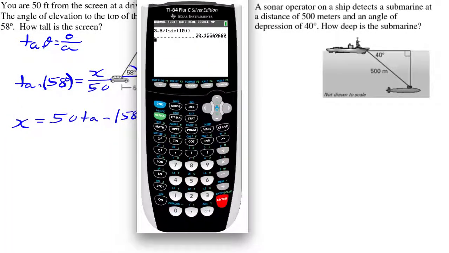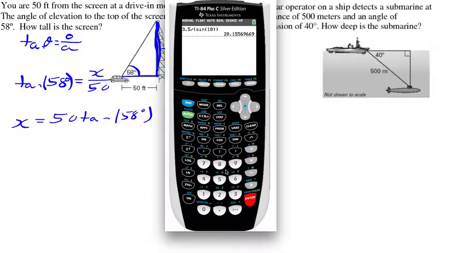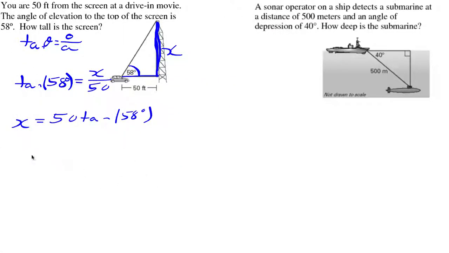All right, so going back to our calculator, we get 50 times the tangent of 58. And so there we go, 80.02. So 80.02 feet. That's how tall that giant movie screen is.